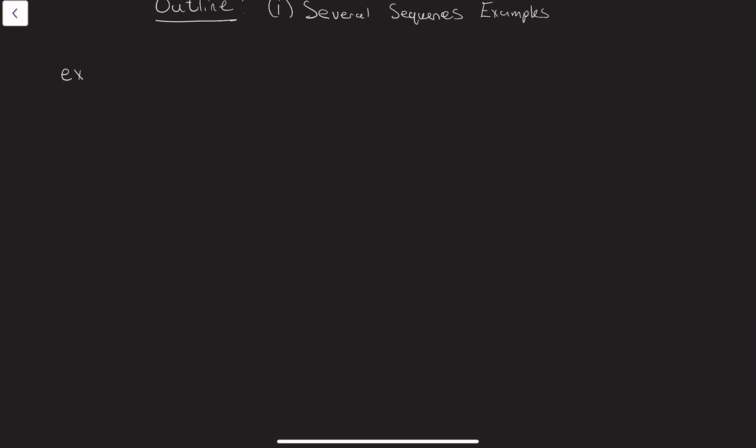So example 1. In example 1, we're going to show if the sequence a of n, which is equal to 5n squared minus 14n plus 6, all divided by 4n squared minus 6n plus 3, converges.